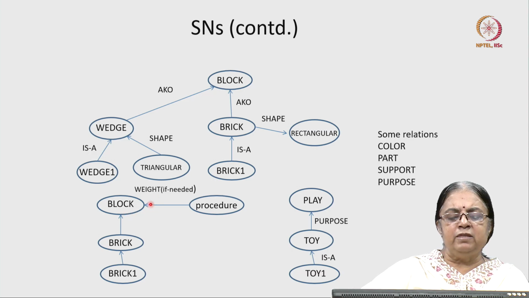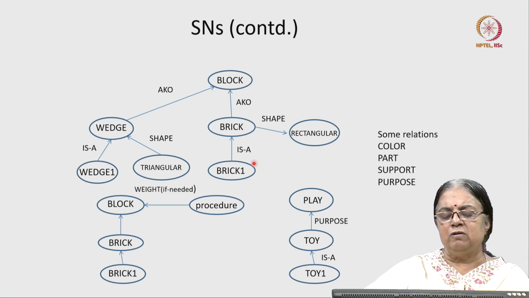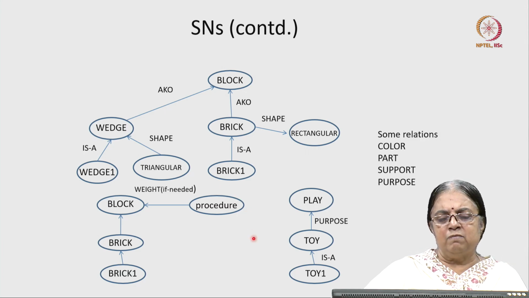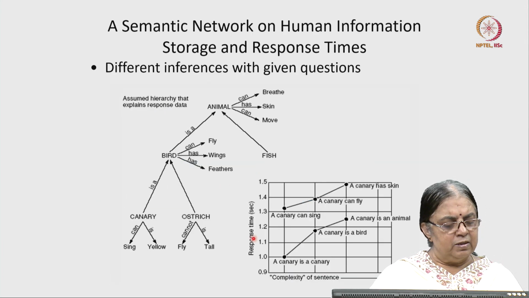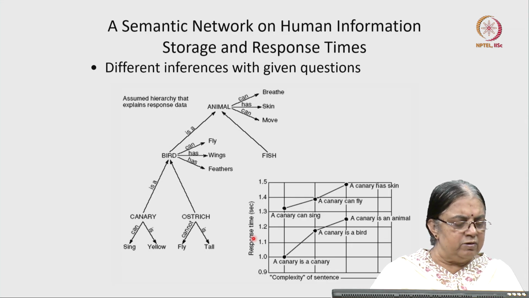If you want to find the weight of that block, you have a procedure here which will give you the weight of the block. And here we have brick 1, which is a brick, and the shape of that brick is rectangular, and it is a kind of block. But you also have a wedge, which is a kind of block, but the shape is triangular, and you have wedge 1, which is a wedge. These are just some examples of semantic networks.